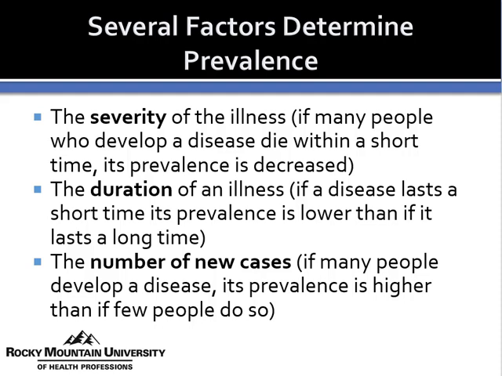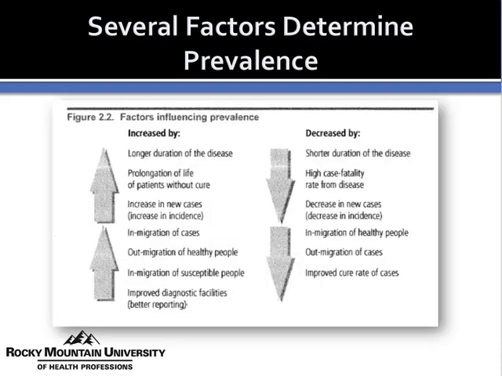The number of new cases. If many people develop the disease, its prevalence is higher than if a few people do so. Here's a nice little picture illustrating factors that can influence prevalence. Looking at movement of people, for example, movement of people in and out of an area, depending upon those individuals, if they have the cases, if they're healthy, or if they're susceptible, may increase or decrease the prevalence.